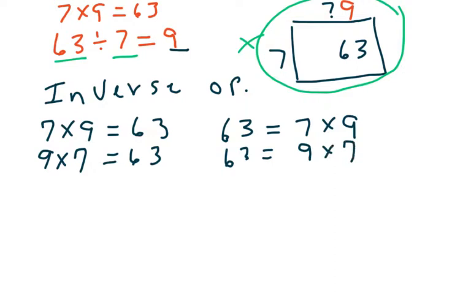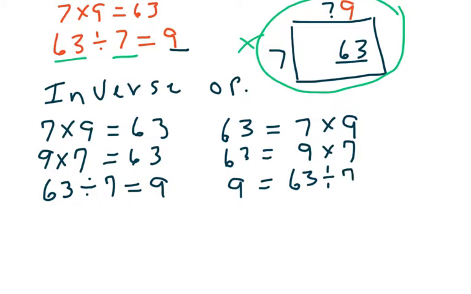Well, what do we have here in division then? If we take the 63 divided by 7, we'll get 9. Or 9 is 63 divided by 7. Or 63 divided by 9 gives me 7.